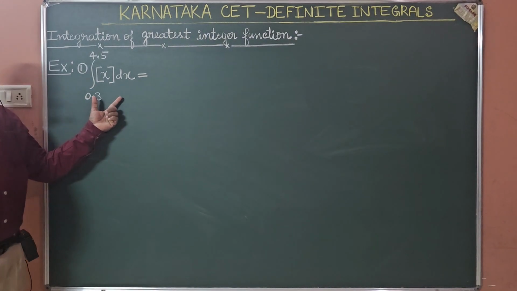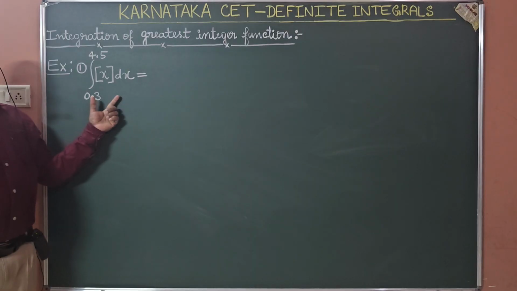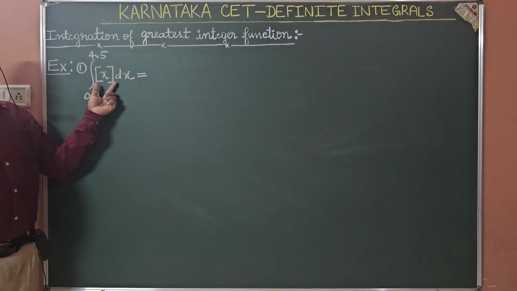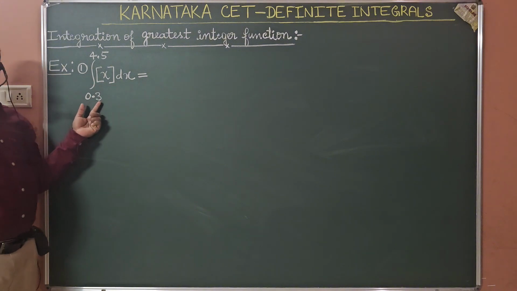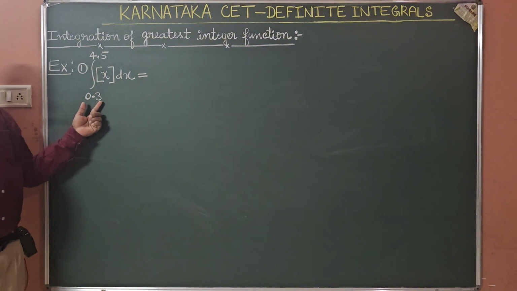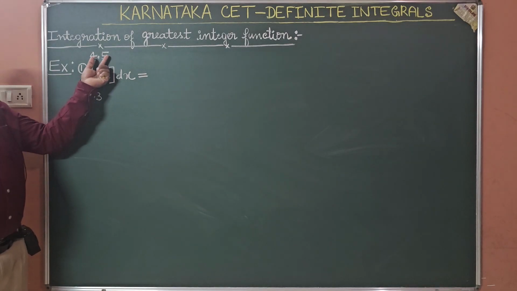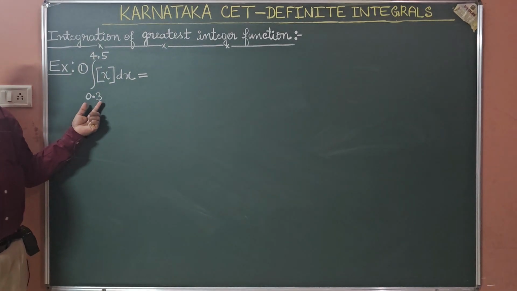Dear students, here is a slightly different question. The function is the same, greatest integer function less than or equal to x, but the limits you can see are rational numbers. 0.3 is the lower limit, 4.5 is the upper limit.